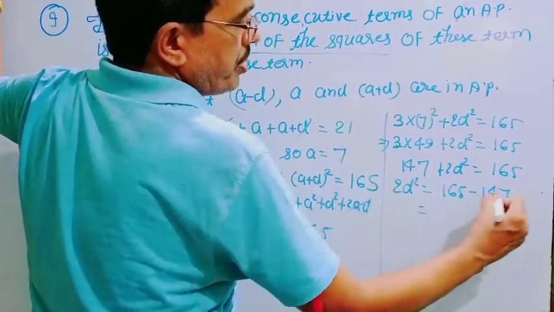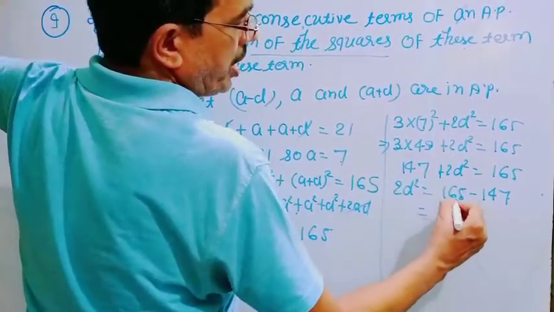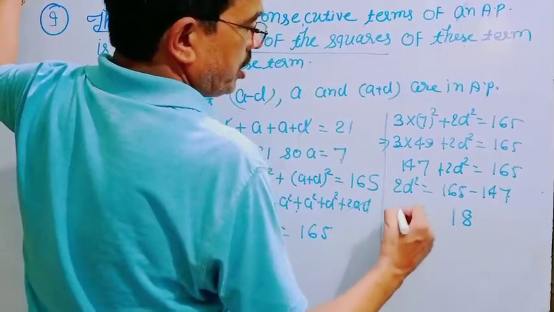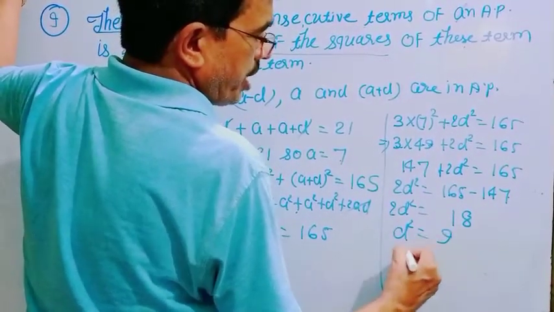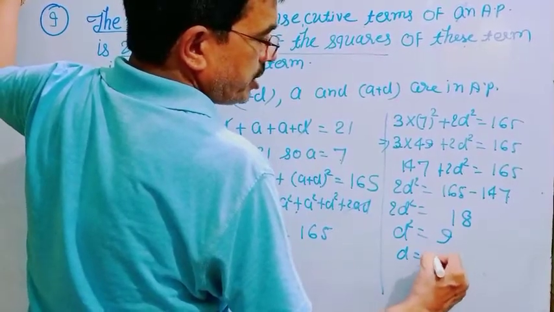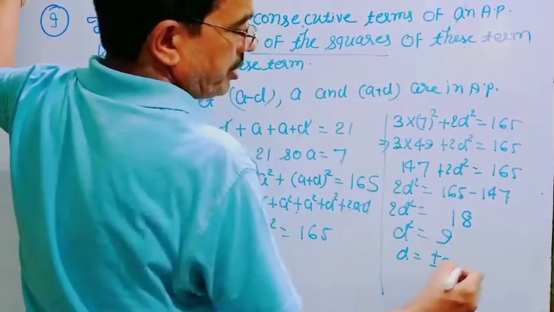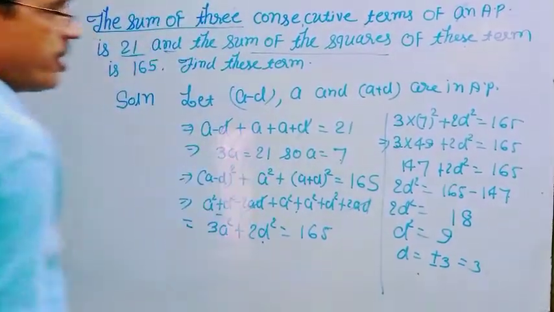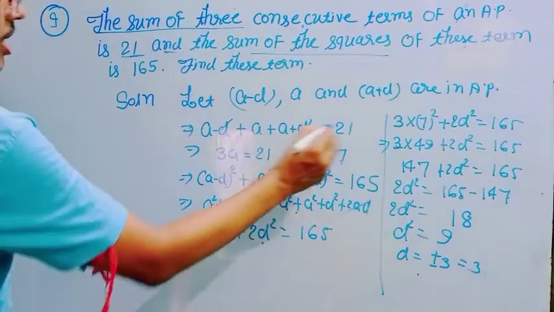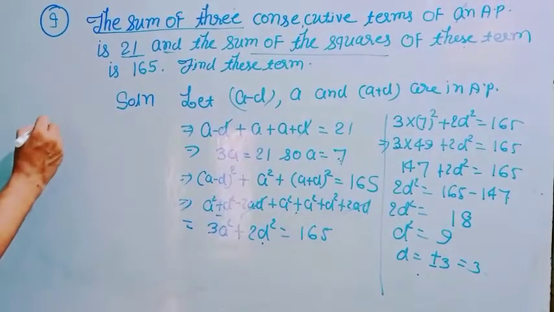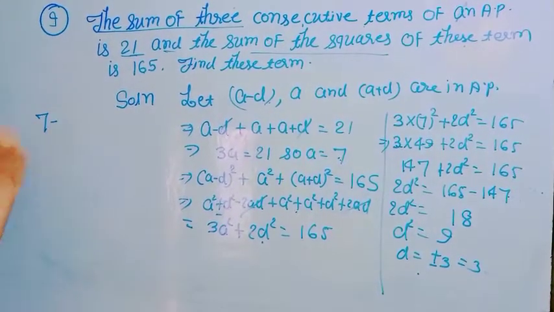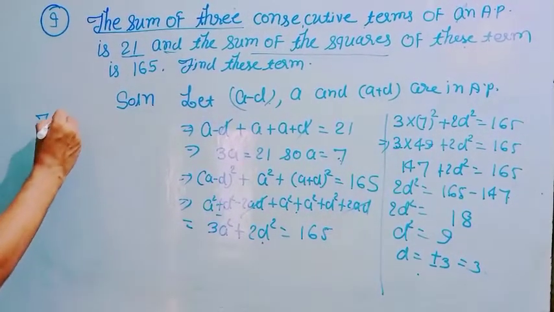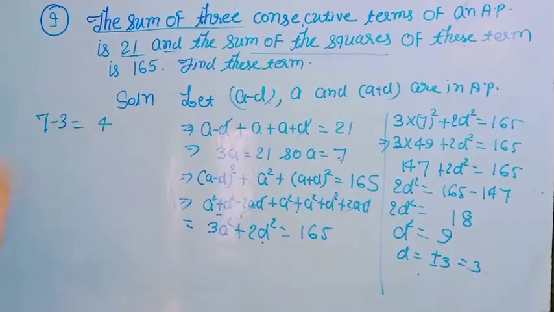So 2D square is 165 minus 147, which is 18. So 2D square is equal to 18. Then D square is 9, so D is plus or minus 3. That means D is 3 and A is 7. So what are the numbers? The first number is A minus D, that is 7 minus 3, that is 4.